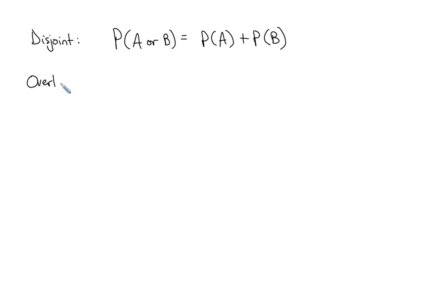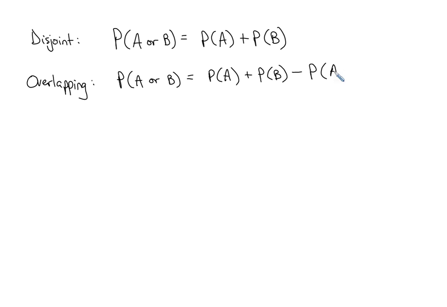For overlapping, the probability of A or B is equal to the probability of A plus the probability of B minus the probability of A and B, of A and B both happening at the same time.